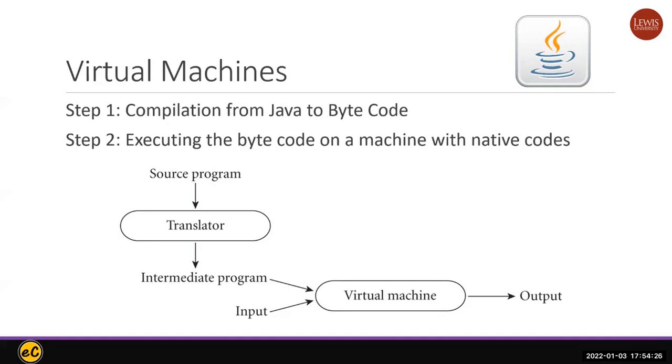Because of the introduction of the virtual machine, some languages like Java become platform independent. That means the same program can run on a machine that uses Windows, and it can also run on Android, and on Macintosh, Mac OS. So it can be cross-platform, even cross-hardware, for these different languages with a virtual machine.